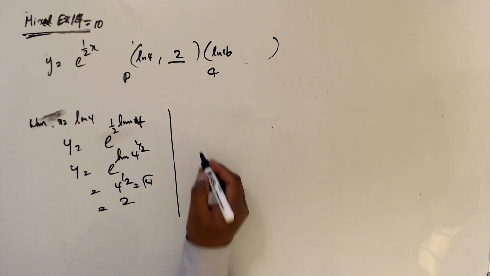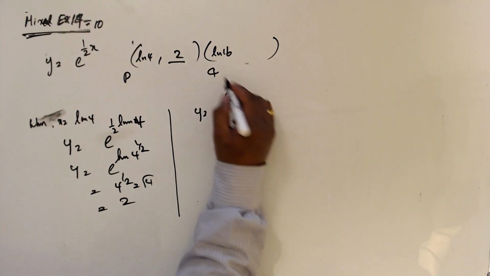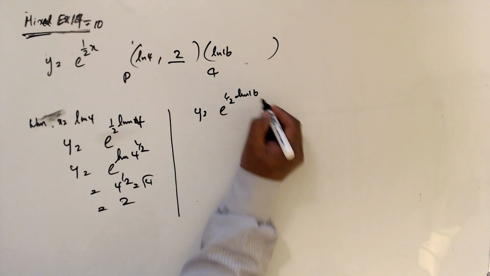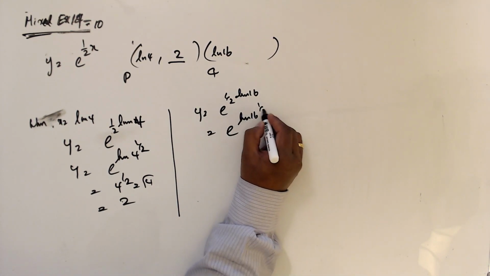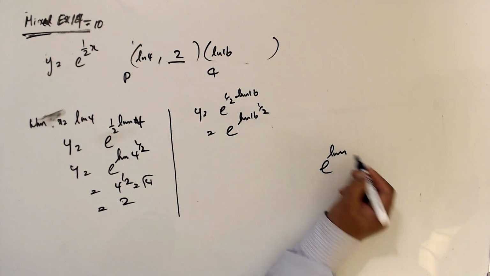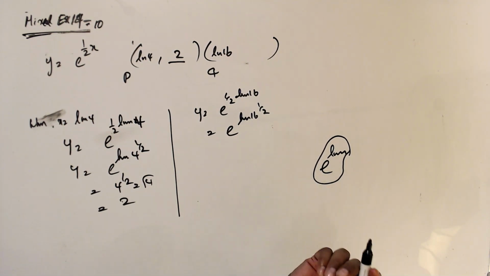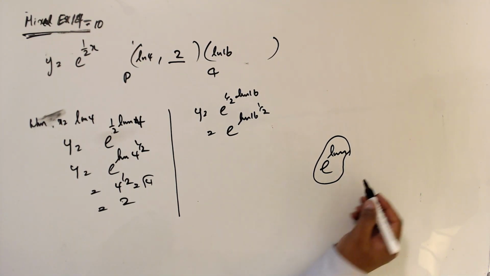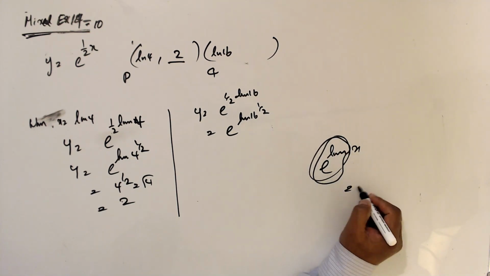And in the same way, y equals e to the power half ln 16. It means e^(ln 16 to the power 1 over 2). If you see e^(ln x), this is a good form. We can bring the number down. If you see e^(ln x), simply write x.